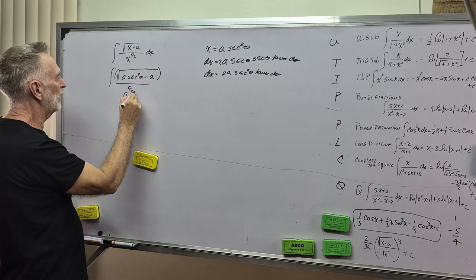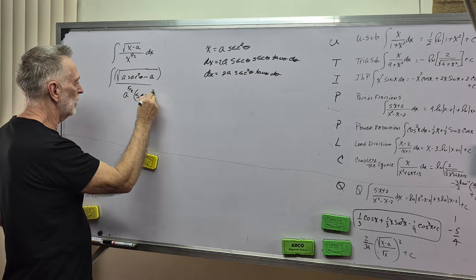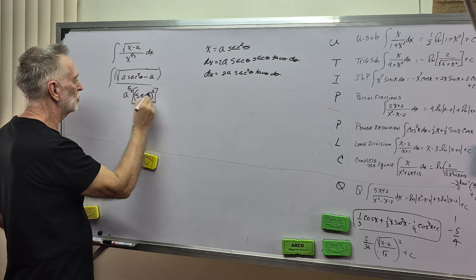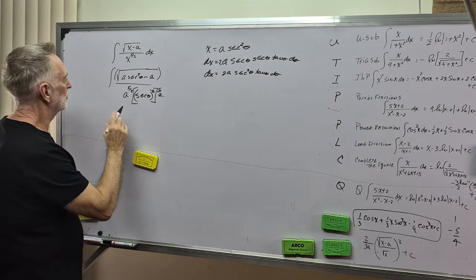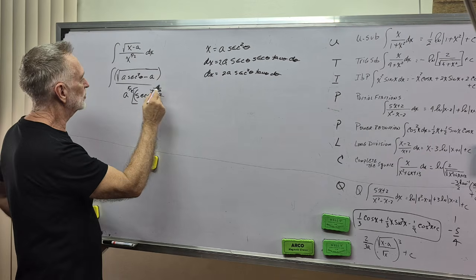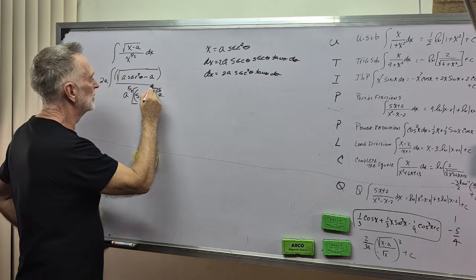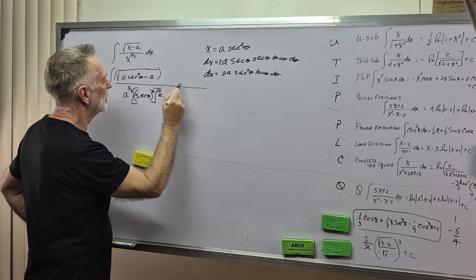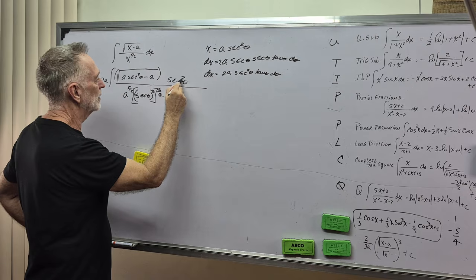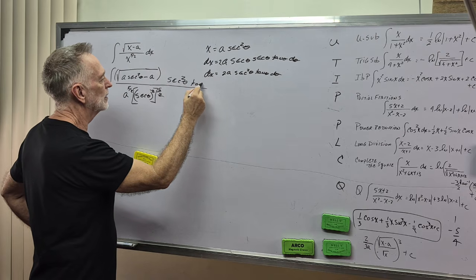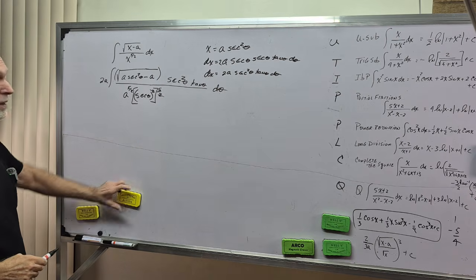A to the 5 halves, secant theta squared to the 5 halves. And you'll notice 2's cancel. All right. dx, which is 2a, I'll put the 2a out here. Got a big shelf there. Secant squared theta tangent theta d theta. Wow, it's a long problem.